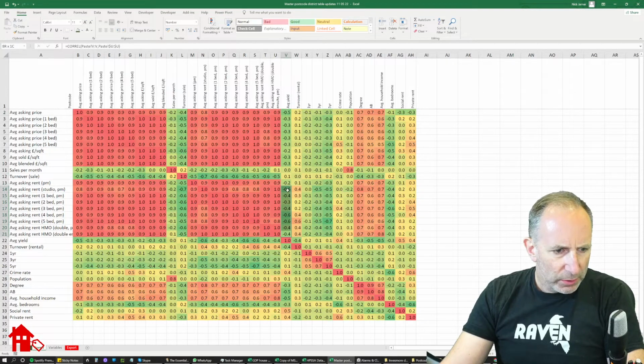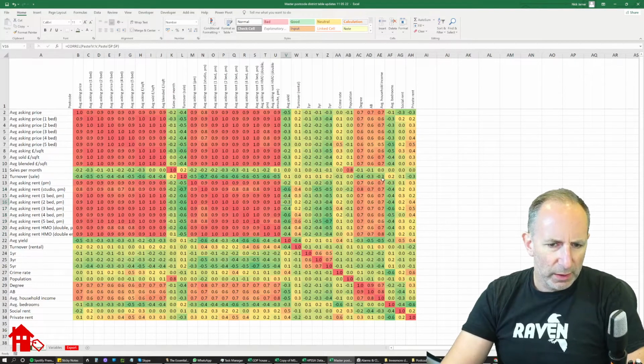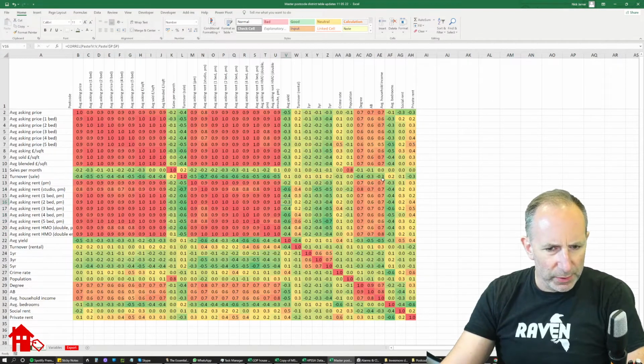For example, the correlation between higher house price and lower yield is least for two-bedroom properties, but greatest for five-bedroom, which makes sense. So in other words, big houses, low yields. That's fine. But there's also another one, which is that yields don't really have much to do with sales turnover, which is quite interesting. I hadn't really thought about that.